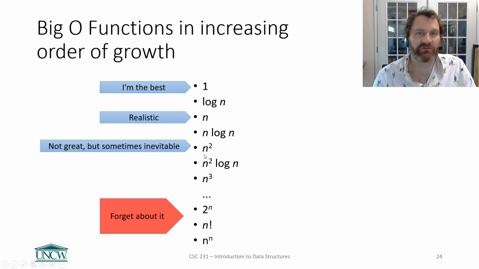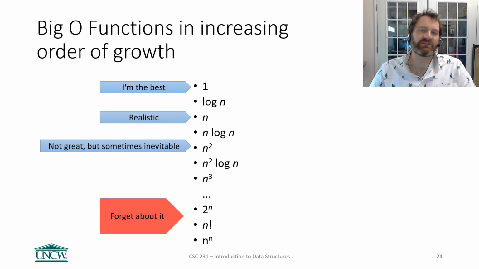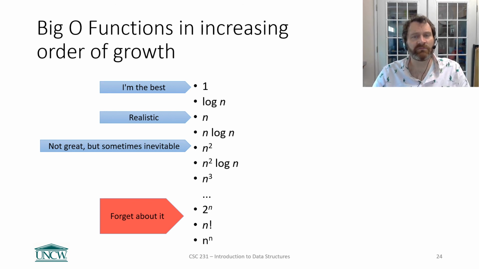N squared algorithms, nested loops, are usually a bad sign. Sometimes you can't help it and you have to have them, but you'll be severely limited on the amount of data you can put through a function like that. And then they get worse: n squared times log of n cubed. If you see algorithms like 2 to the n, n factorial or n to the n, forget it. Your computer will never finish calculating those for n's of any decent size.